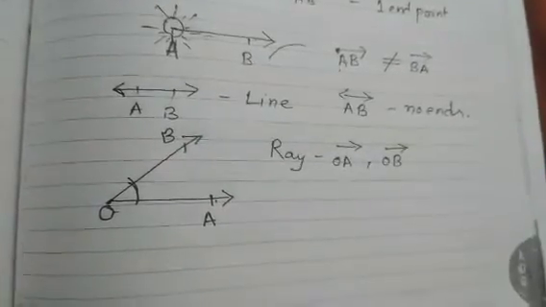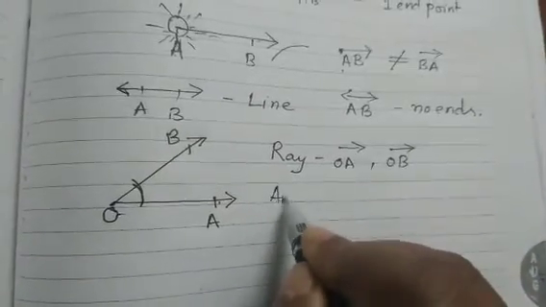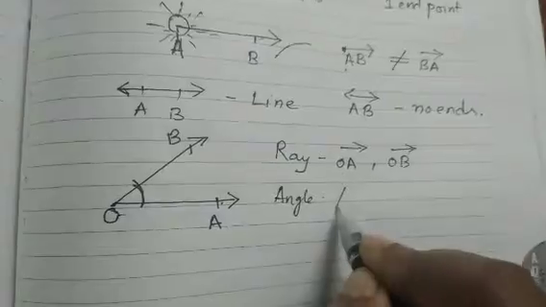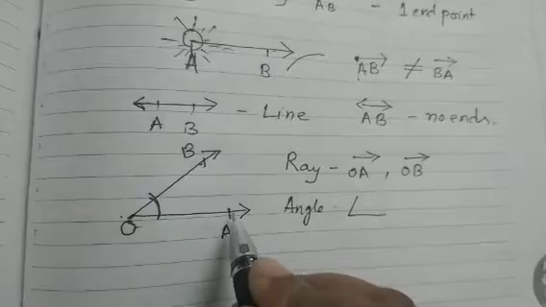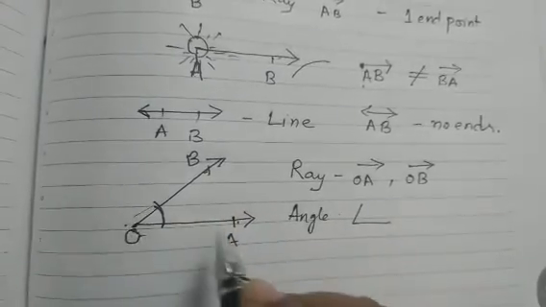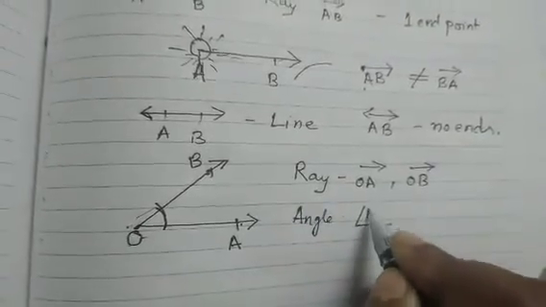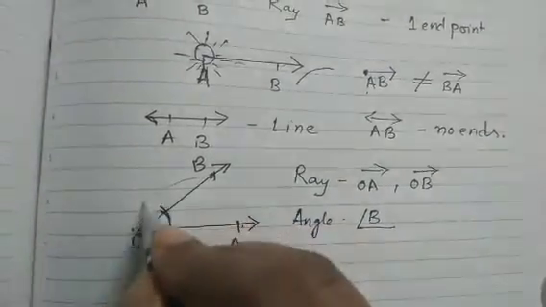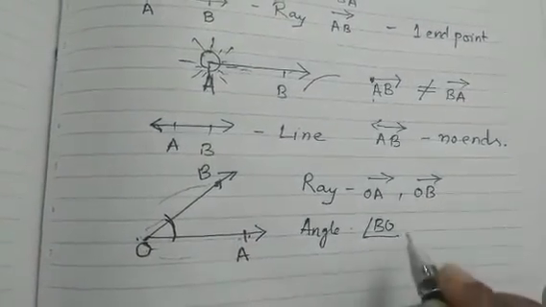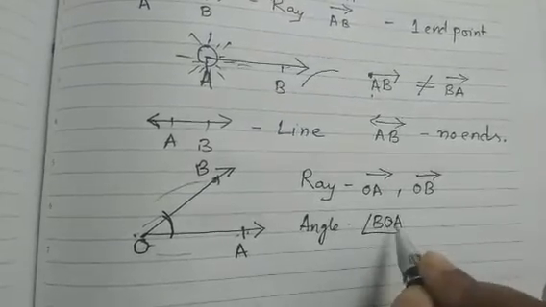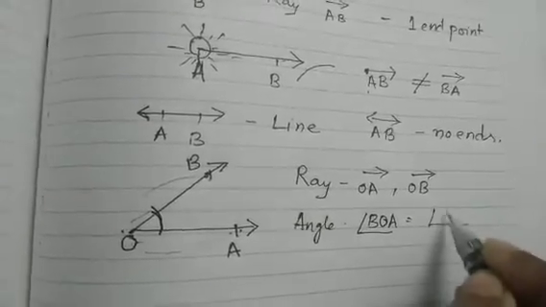How will I write the angle? I will write it with the angle symbol, starting from any one end and continuing. I am starting from B, I come to O, and then I come to A. So this is how I represent angle BOA. Of course I can also write it as angle AOB, no problem.